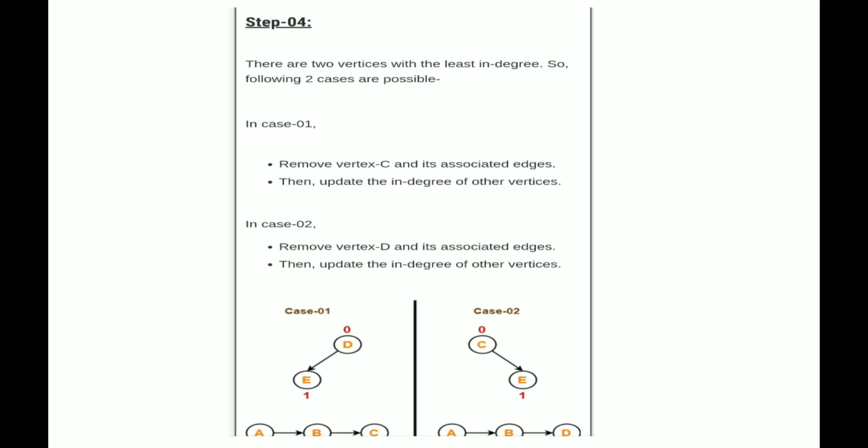In case number 2, we have removed vertex D and its associated edges, so now we have only two vertices, C and E. The in degree of C is 0 because C doesn't have any incoming edges. The vertex E is having only one incoming edge, so the in degree of vertex E is 1.